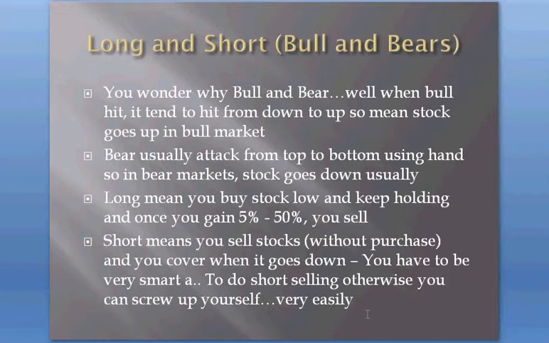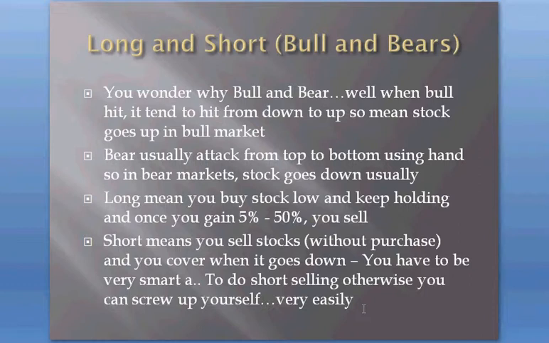For example, let's say one particular company's stock is $20, now it hits $40. At that time you can sell short the stock, so you sell those stocks at $40. Now if it goes down, then you make a profit. Let's say it hits $20, then you cover at $20, so you make $20 profit per stock.